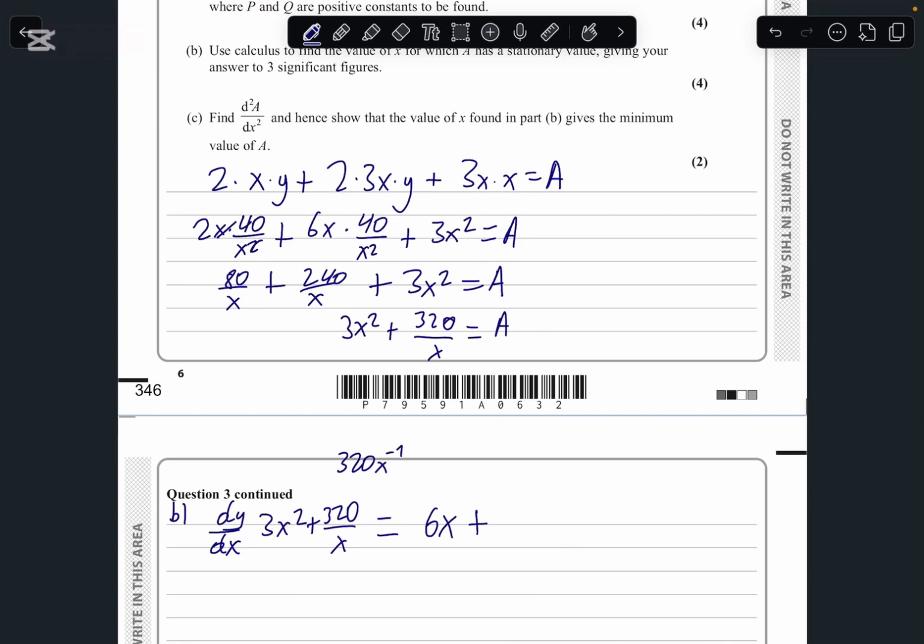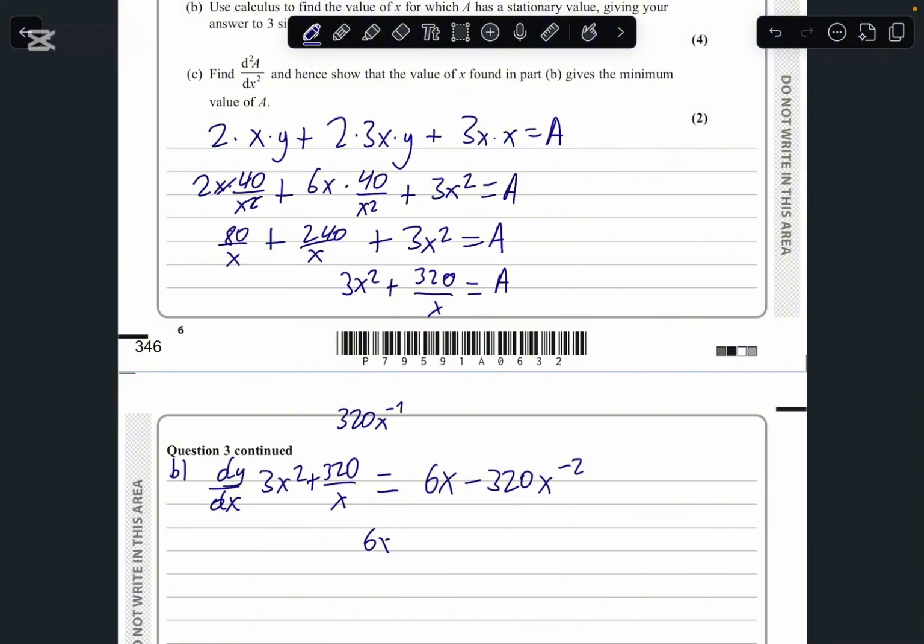So in this case, it is going to be minus 320x, and again, the minus 1 power becomes minus 2. Now, we said before that the first derivative must be set to 0 in order for the value to be stationary.